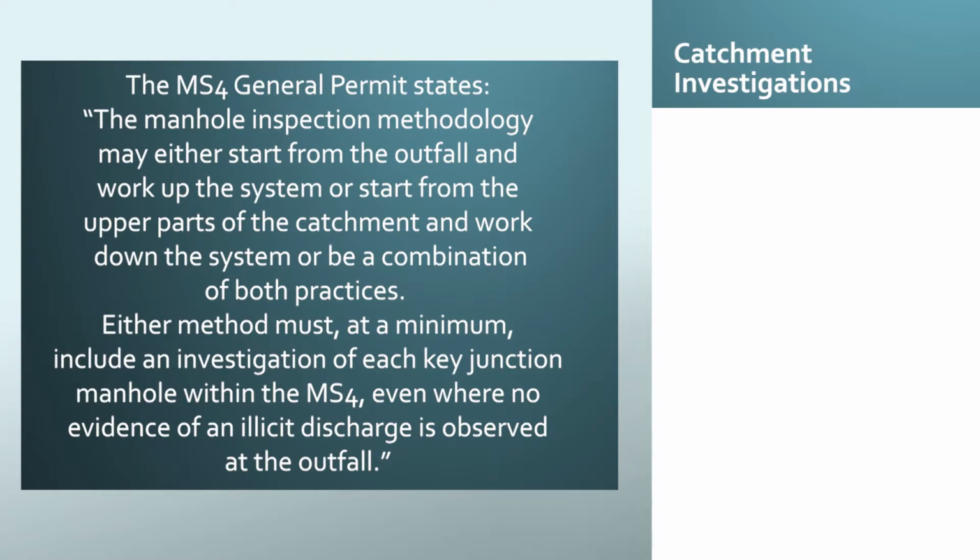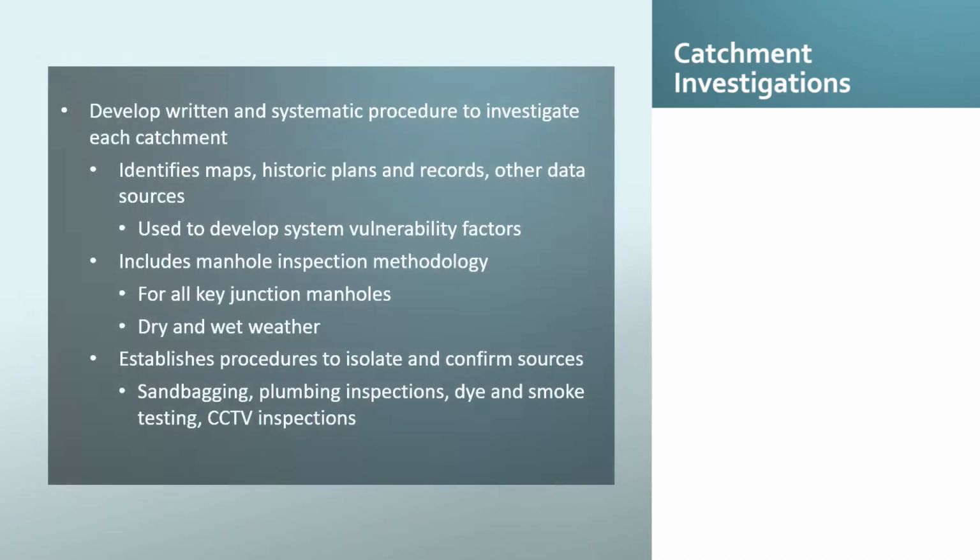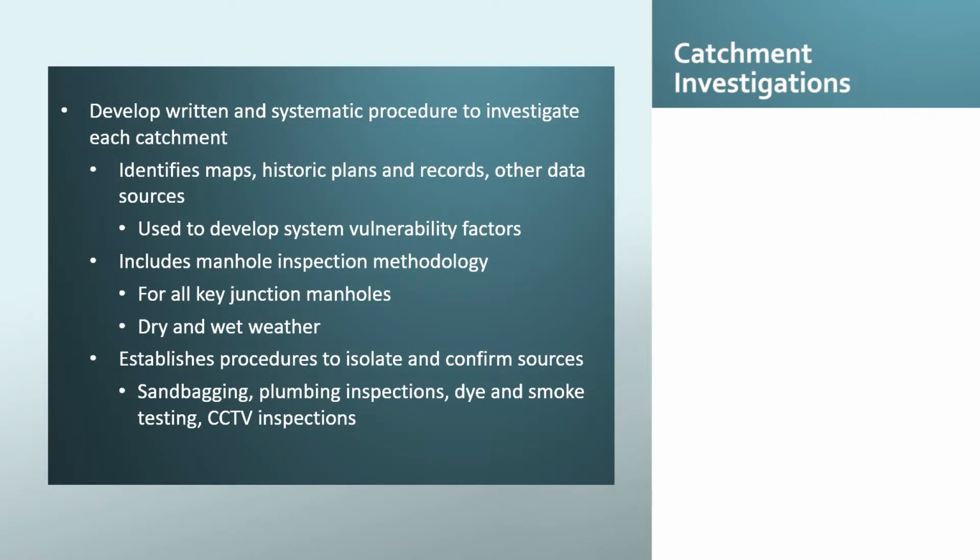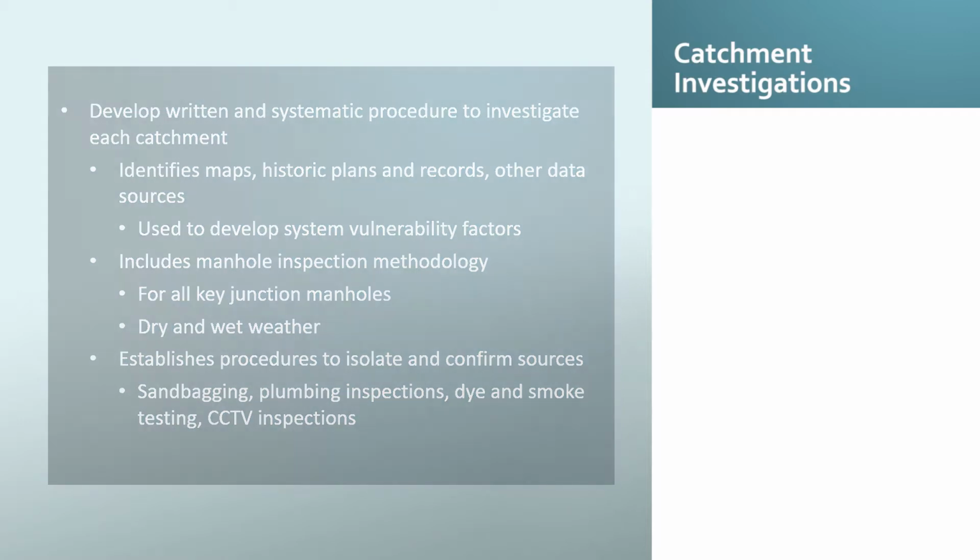Either method must, at a minimum, include an investigation of each key junction manhole within the MS4, even where no evidence of an illicit discharge is observed at the outfall. And then lastly, these catchment investigations establish procedures to isolate and confirm the source of the illicit discharges, using various methods like sandbagging, dye testing, and CCTV inspection.